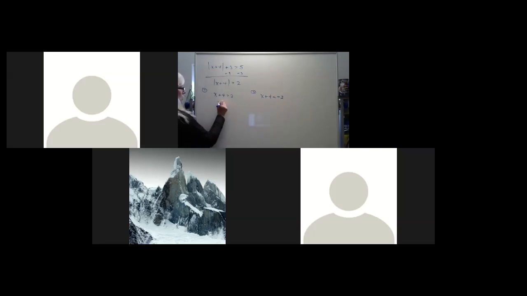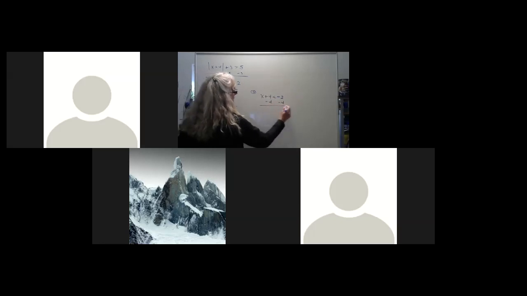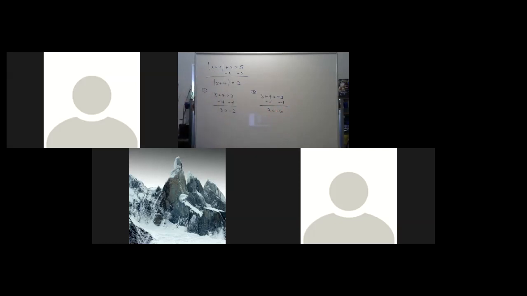For the first statement, we'll move the 4. That's going to give me x is greater than a -2. And when I move the 4 on the other inequality, I'm going to get that x is less than a -6. So I have 2 answers, but I need to interpret them. And so to help me interpret them, I'm going to go to a number line. It's the only way to make sense out of those 2 answers.